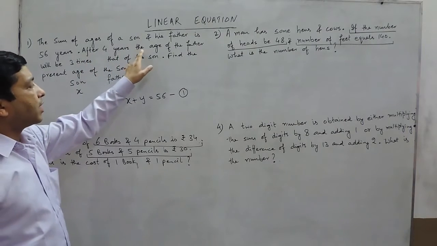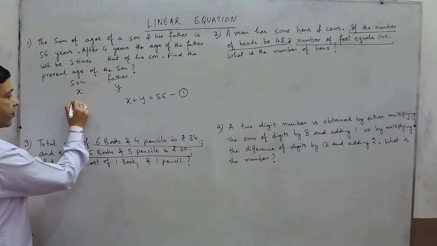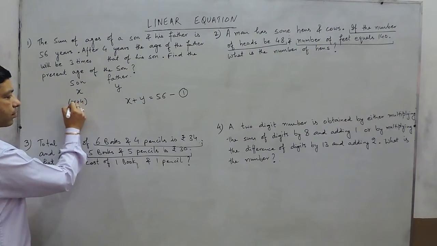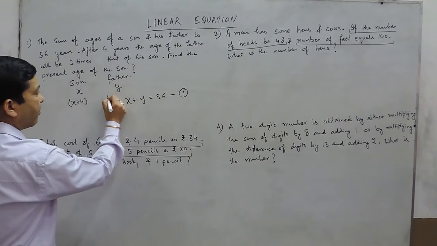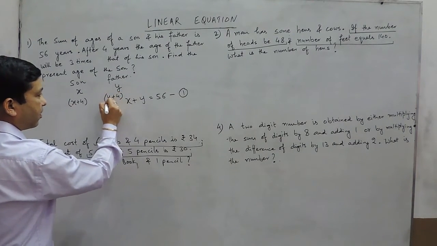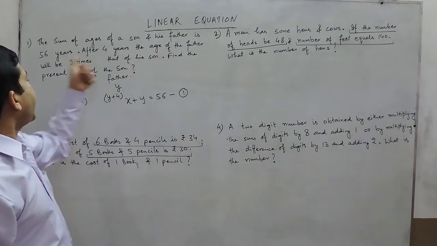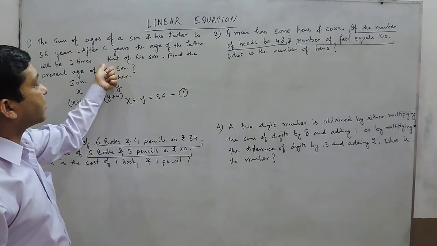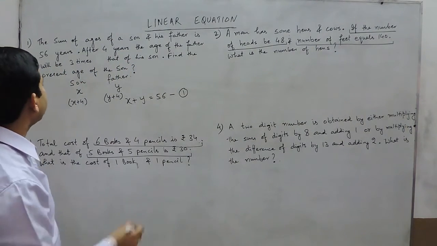Now after 4 years, definitely the age of son will become x plus 4 and the age of father will become y plus 4. So after 4 years, the age of father will be 3 times the age of his son.